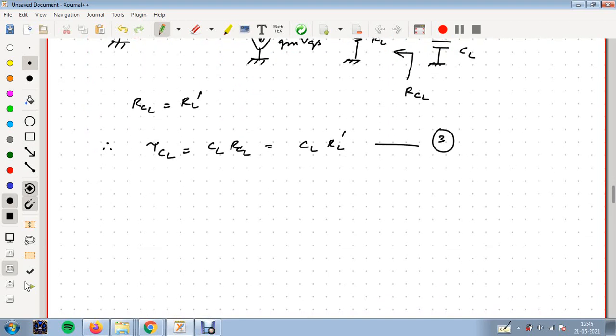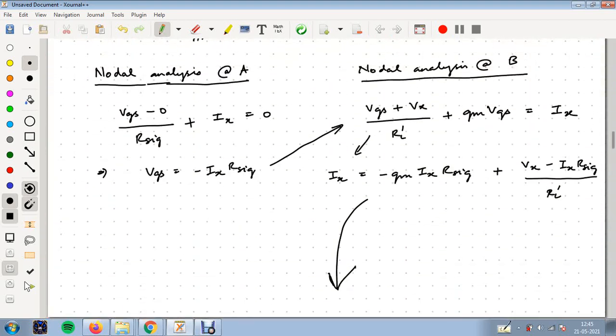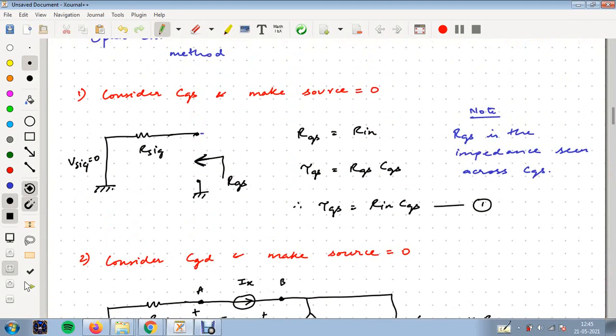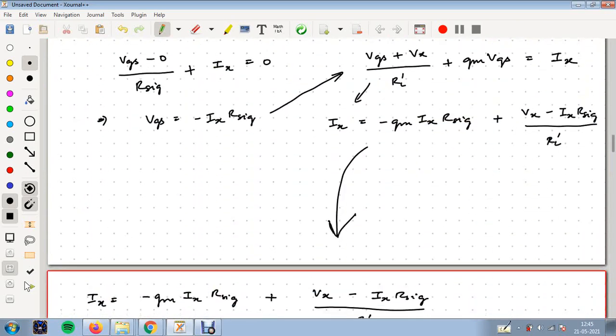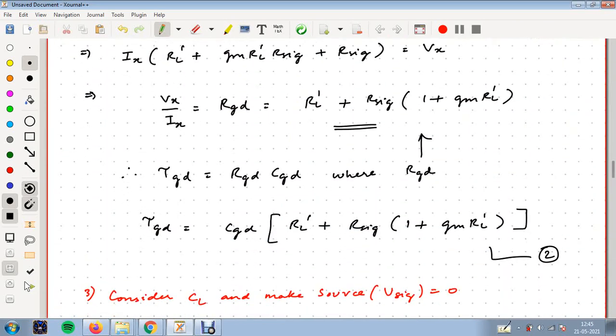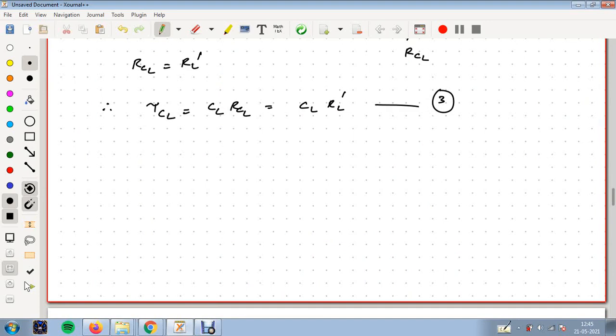Now, the first equation is where we derived tau GS, the second equation tau GD, the third equation tau CL. Therefore tau H is tau GS plus tau GD plus tau CL.